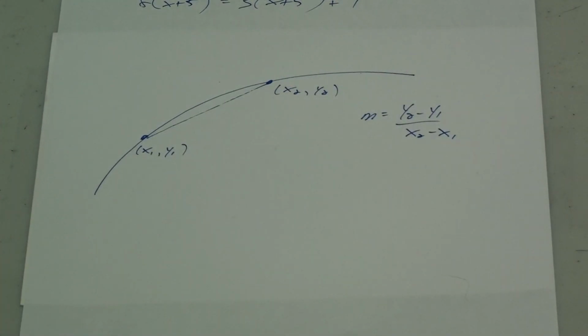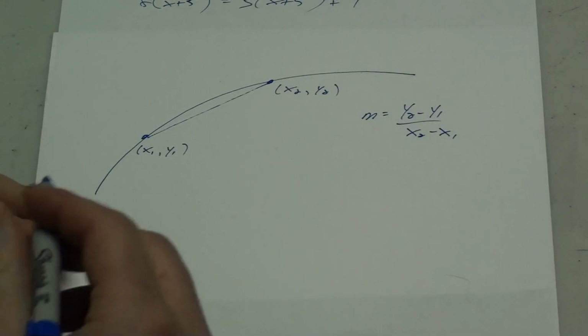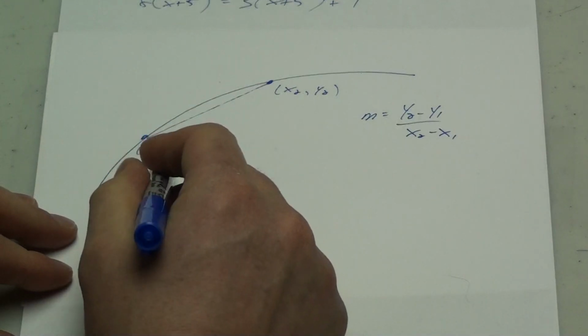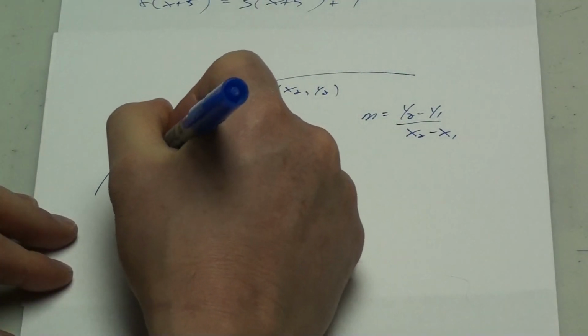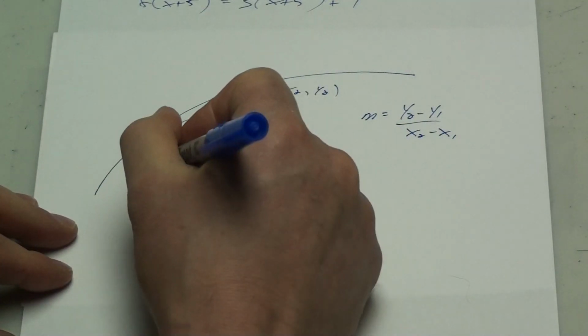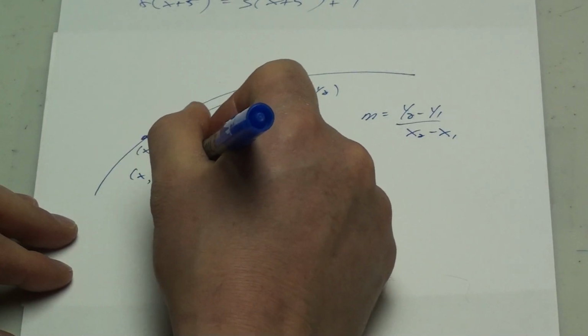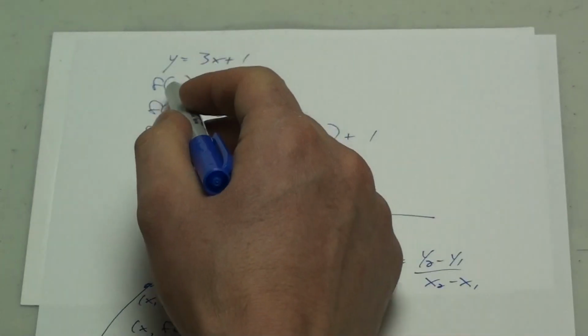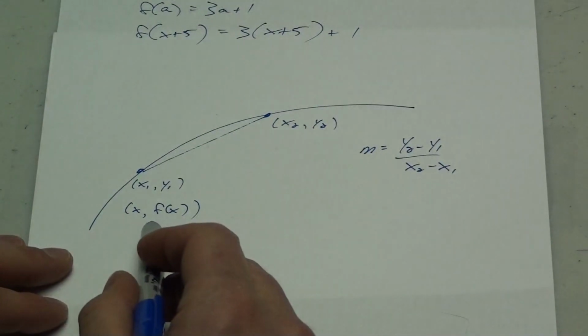Before I do that, I want to change these a little bit. These 2 points, I want to put into function notation. So instead of y1 and y2, I'm going to call it x and f of x for my first point, where instead of a y, I put in the f of x notation.